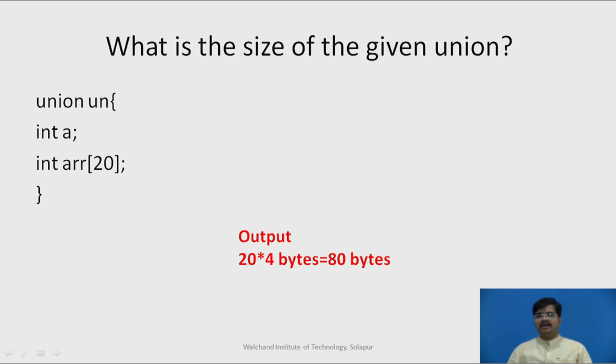If you observe the current example, it contains two variables. One is a, the second is an integer array of size 20. So 20 into 4 bytes, as an integer requires 4 bytes of storage, is equal to 80 bytes. So the size of union UN is 80 bytes.